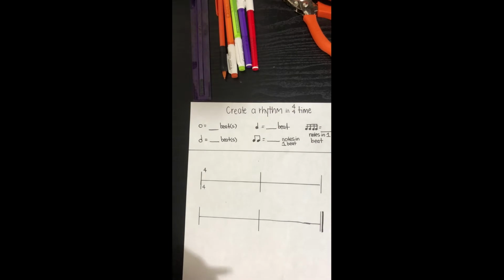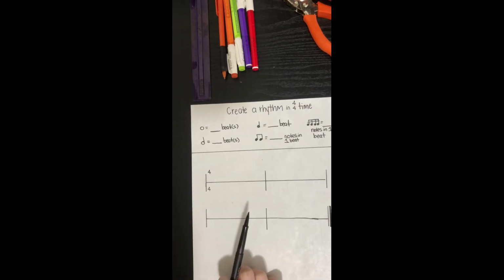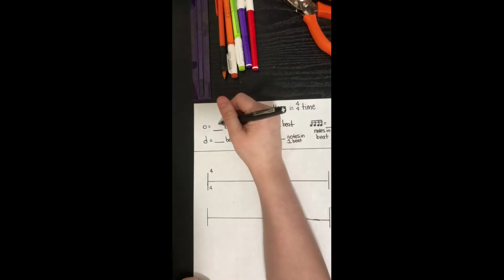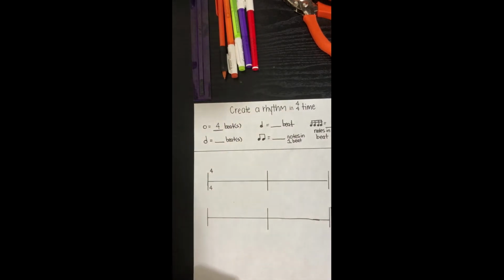Step number 1 is going to be to create a 4-measure rhythm using 4/4 time. 4/4 time means that there are 4 beats per measure. So now let's look at our note values. We just clapped and said our note values, so we are ready to fill in how many beats each note gets. A whole note gets 4 beats per measure.